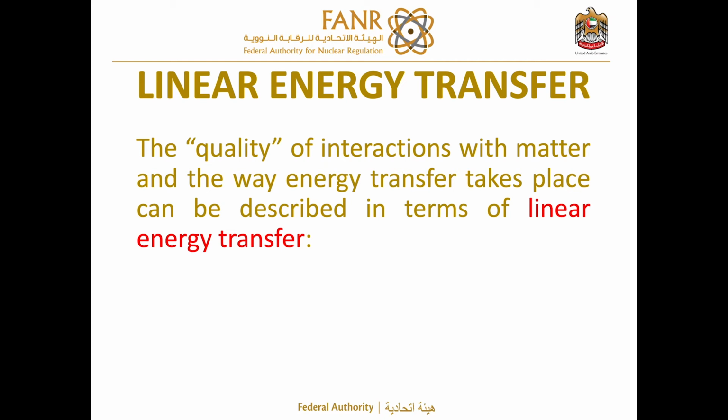Well, in the past, the quality of that interaction was expressed in terms of the so-called linear energy transfer. If you consider the path of, say, a beta particle, how much energy is deposited along that path, the linear energy transfer is a ratio between the energy deposited and the length of that path.